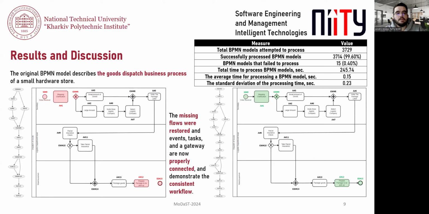As the results, the total BPMN models attempted to process by our software tool was 3,729 from open GitHub repository by Camunda company. Our tool successfully processed 3,714 BPMN models, which is 99.60%.